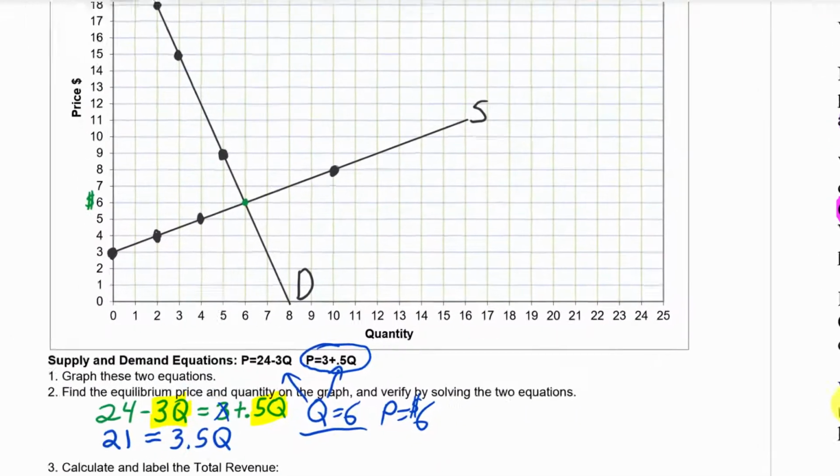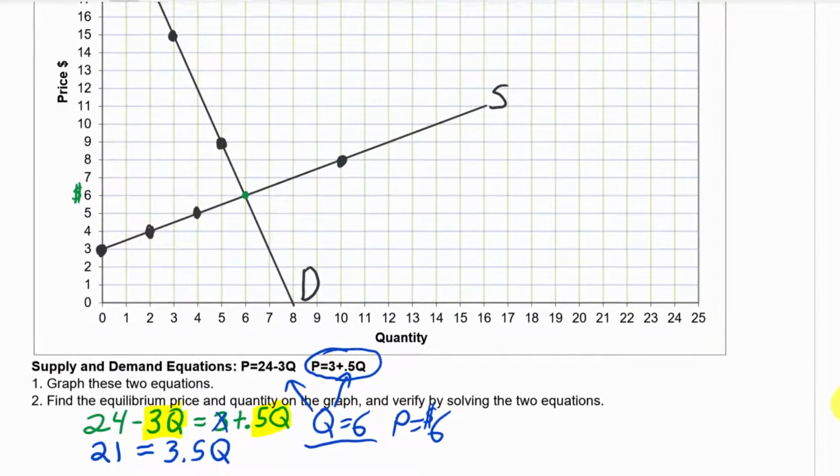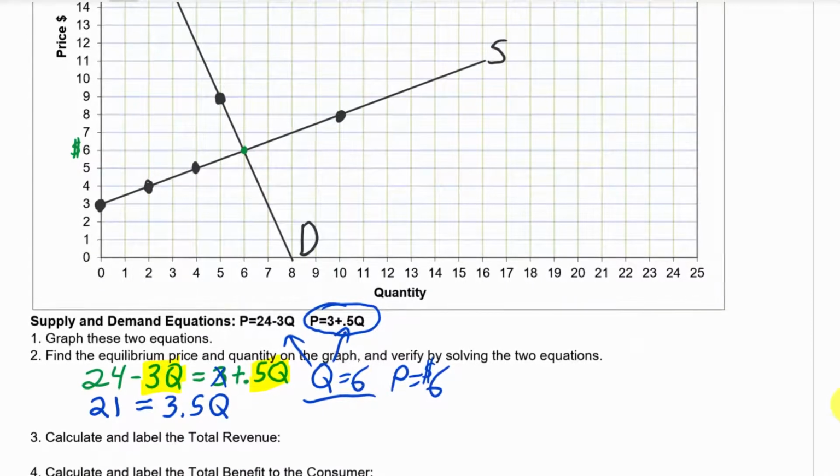So let's calculate and label on this graph the total revenue. So when we're looking graphically at total revenue, we know the formula for total revenue is price times quantity. Well, we know the price here is $6, and we know the quantity is 6 units.